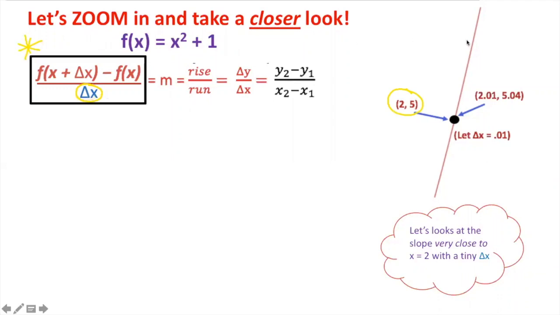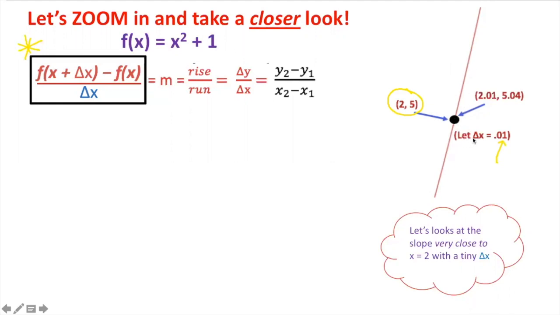So let's try this from a different perspective. Instead of shrinking delta x to 0, which we can't do analytically, what if I choose a very, very small delta x of 0.01? That would mean that instead of 1 point that you see here, there are really 2 points, but they're so close to each other that I can't even plot it.